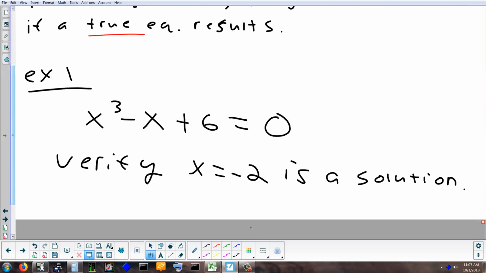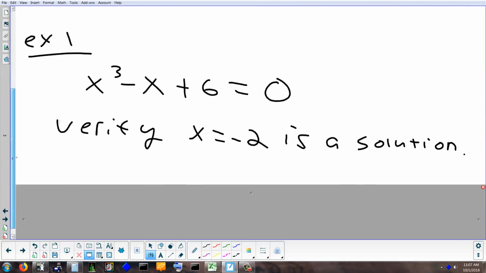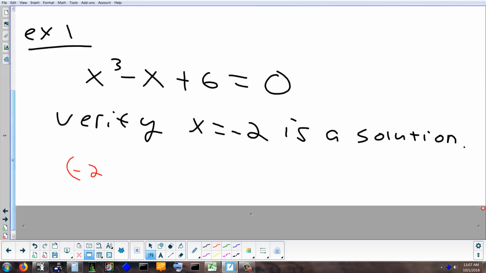If negative 2 is a solution, when I plug it in on the left-hand side, what number am I hoping to get? I'm hoping to get 0. If I plug it in and get 0, because that's what's on the right, then I'm good. Let's check. So we get negative 2 cubed. Sometimes people make a mistake when they plug in there.